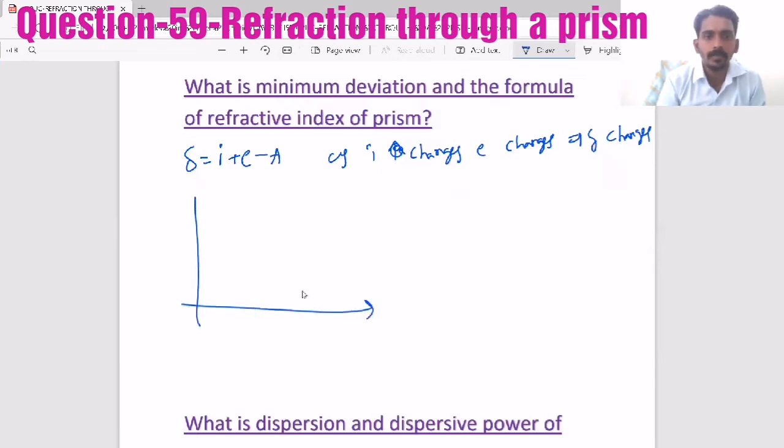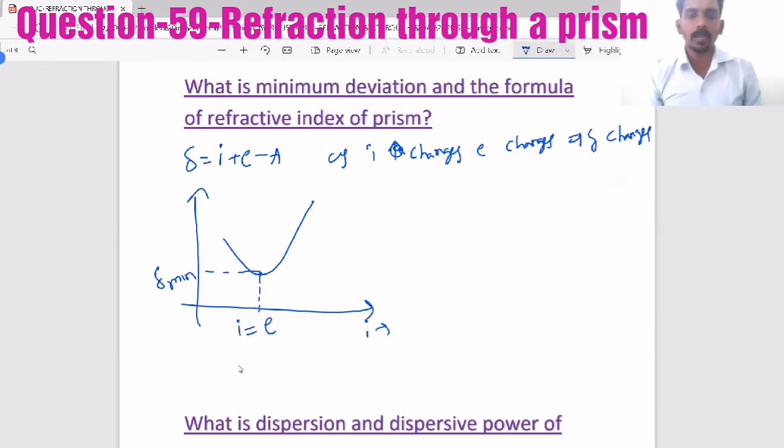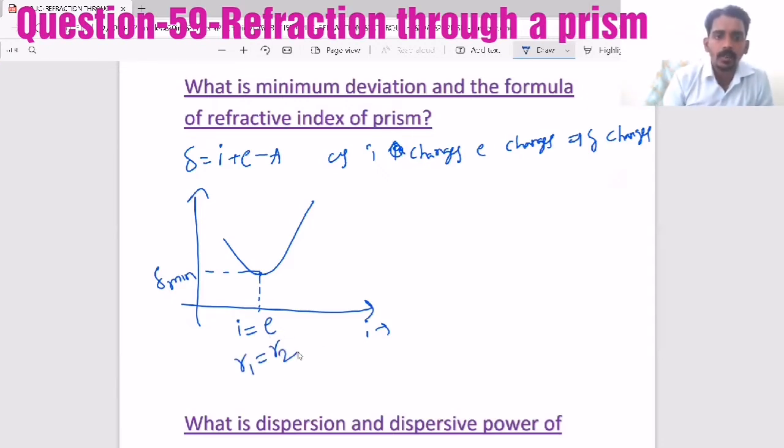Now, when you draw a graph between deviation and angle of incidence, the graph looks like this. That means at one particular angle of incidence, the deviation will become minimum, and at that condition, the angle of incidence is equal to the angle of emergence, and R1 is equal to R2.